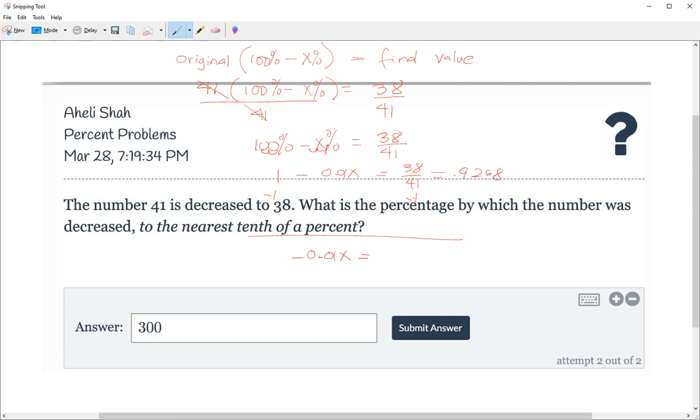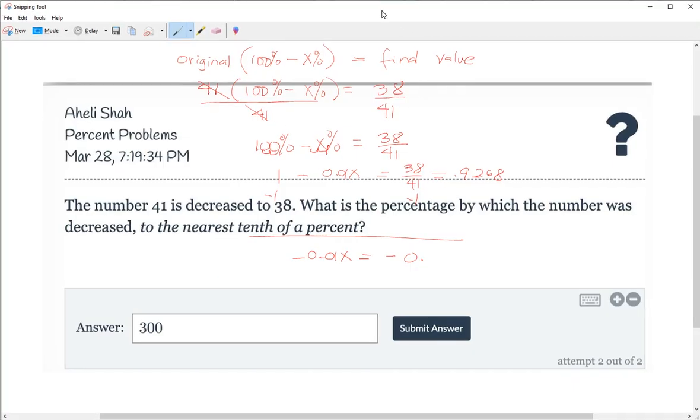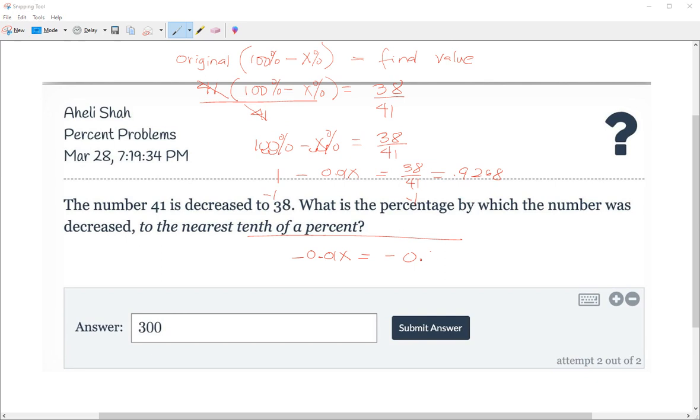Then 0.9268 minus 1, you should be using a calculator on this one, becomes negative 0.0732, I think.